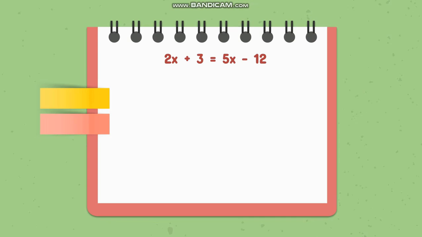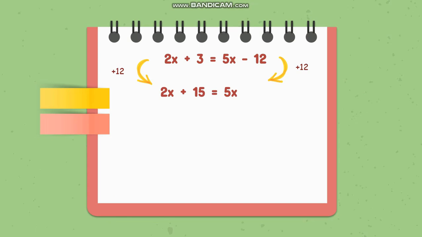So if we want the x on the right and numbers on the left, then we're going to have to get rid of this minus 12 from the right hand side and get rid of this 2x from the left. This means that we're going to have to add 12 to each side to get 2x plus 15 equal 5x.